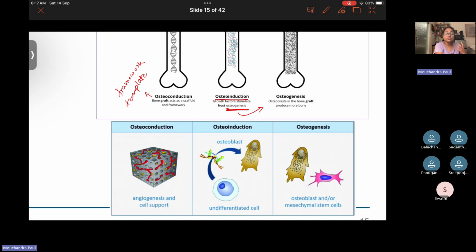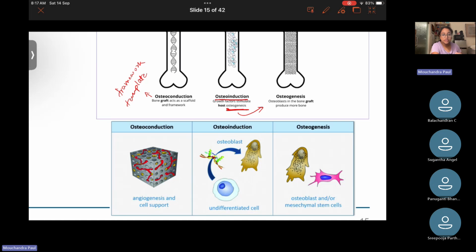Osteoinduction: it should allow the stem cells, whether they are in the host or supplied with the scaffold, to get differentiated into osteoblast cells and secrete more and more growth factors to recruit more osteoblasts. And osteogenesis means the secretion or formation of bone, which will be done by the osteoblast cells and other resident cell types. That is osteogenesis.